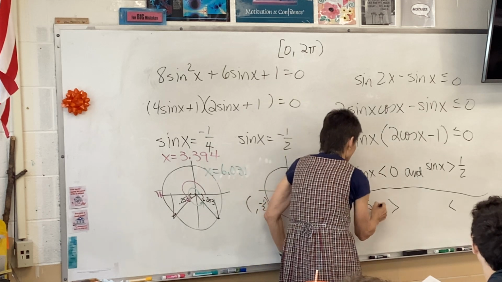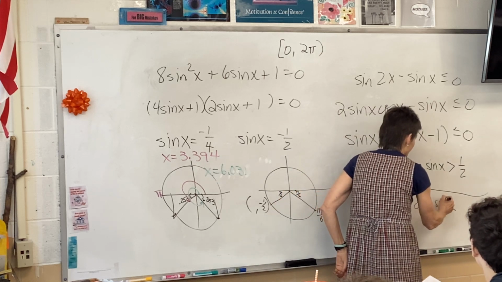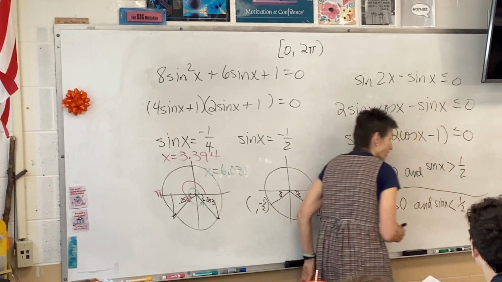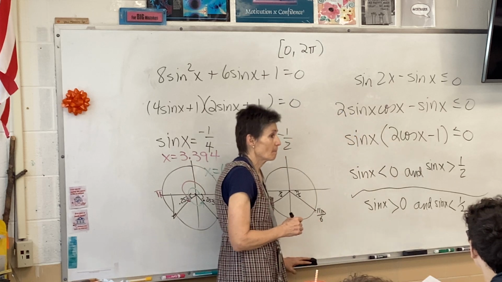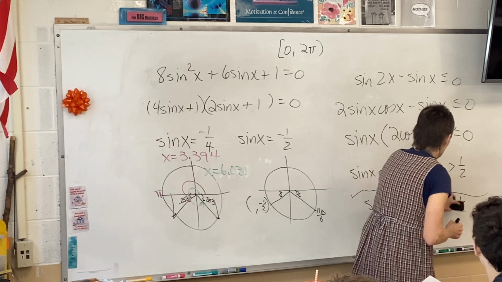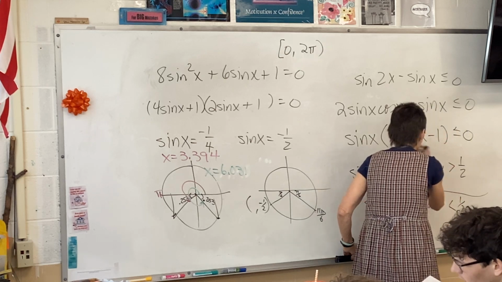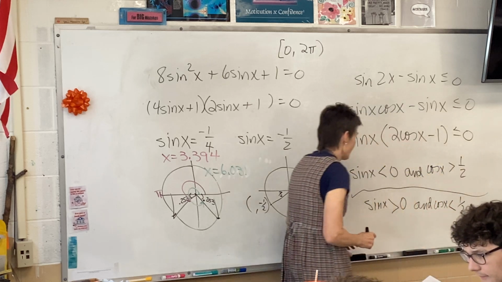This one will say sine is bigger than 0 and cosine is less than 1/2. Oh, I keep saying sine, I mean cosine. Yes, those are cosines, not sines. Thank you.